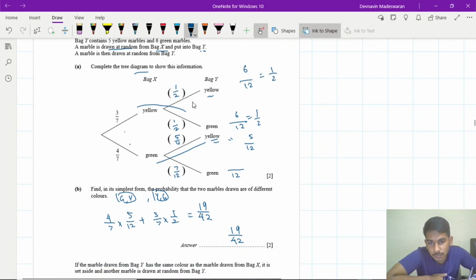So yellow, yellow, and then take out a marble, and then we have to form one more diagram. We just form one more diagram, same logic. For it to be yellow again, so what happens? If a marble is drawn from Y and has the same color as the marble drawn from X, it is set aside. So, wait.